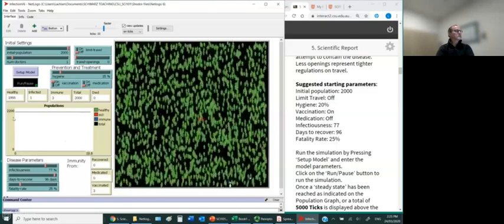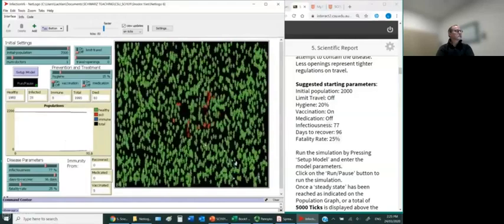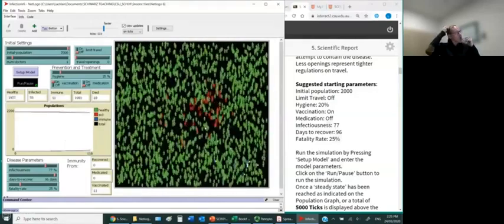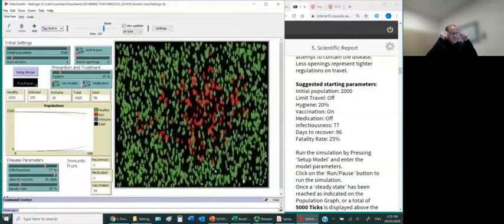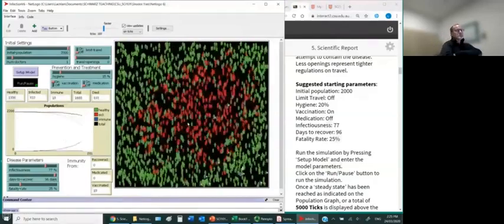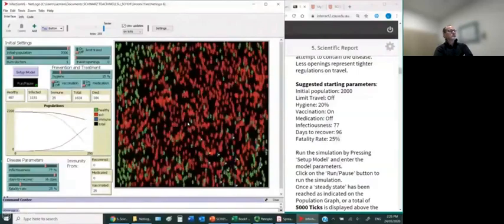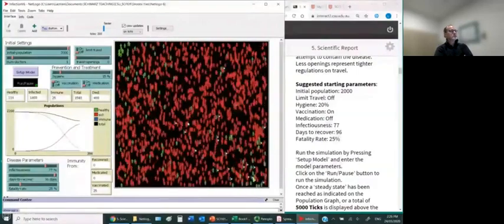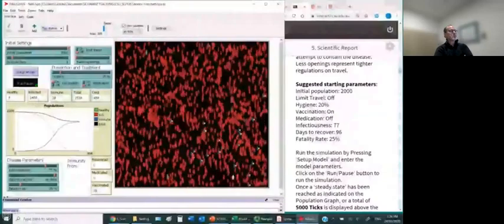You can see it's running quite slowly at the moment, so I might speed it up. You can see our number of infected people increasing, as is our number of immunised people. They've got a shield. Now, when these infected guys recover, they will become blue as well, because they will then be immune. You can see our numbers are changing.